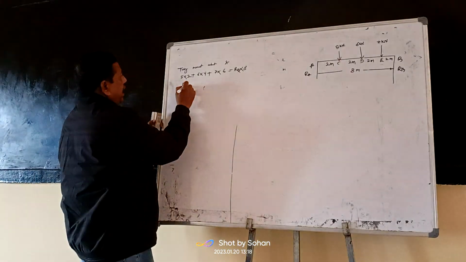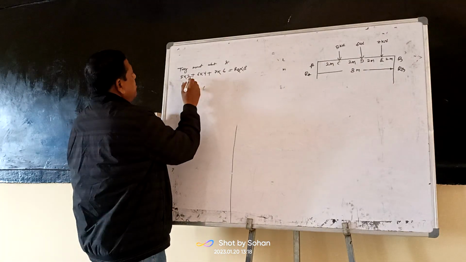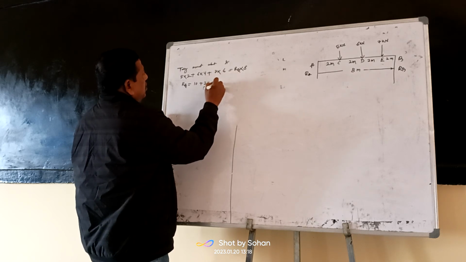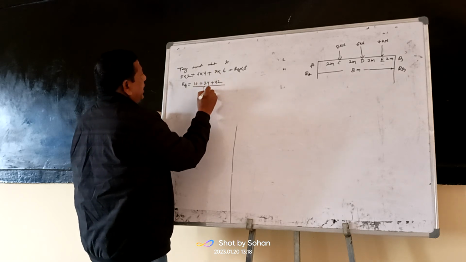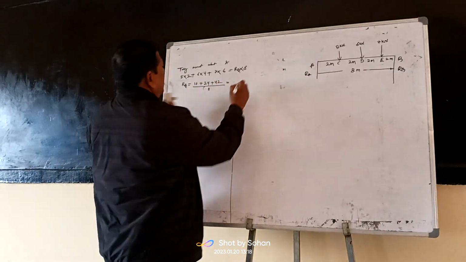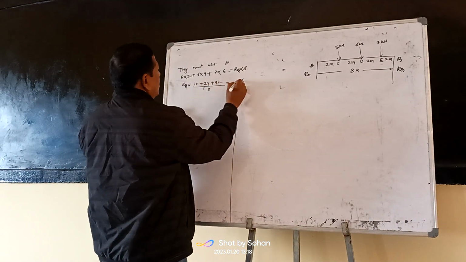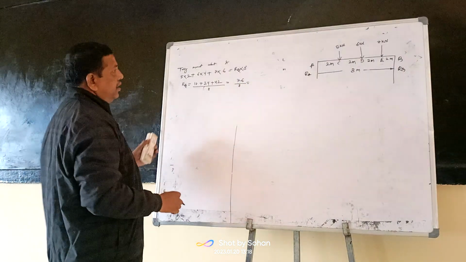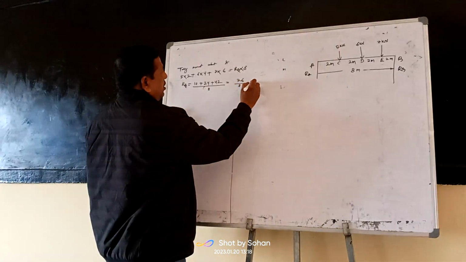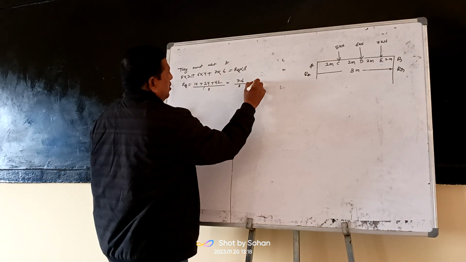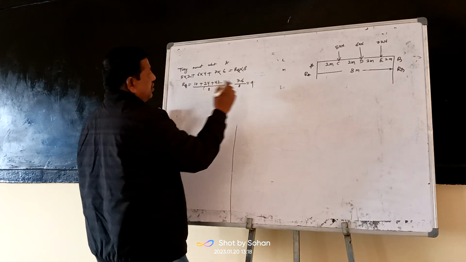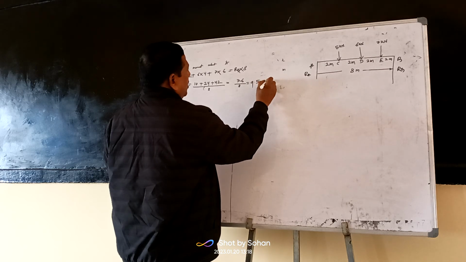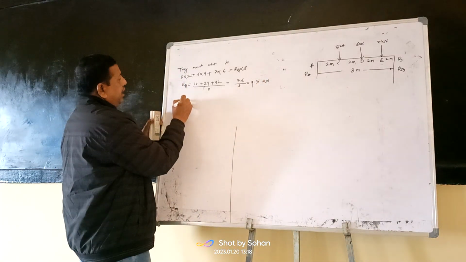So RB is equal to 10 plus 24 plus 42 divided by 8, that is 76 divided by 8, which is 9.5 kilonewton.